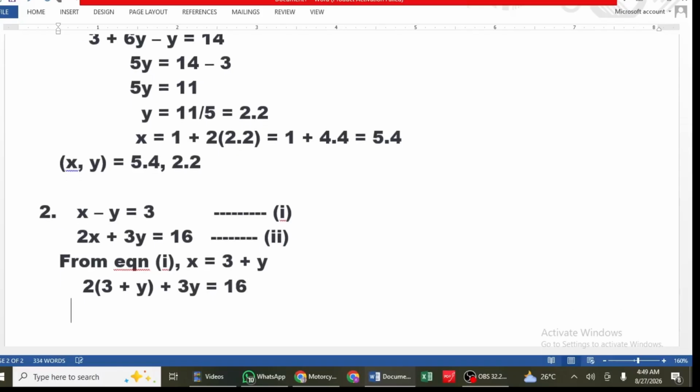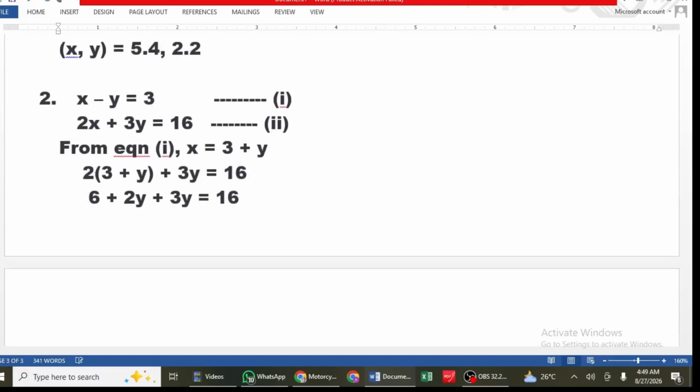From there, you open the bracket, 2 times 3, 6, plus 2 times y, 2y, plus 3y is equal to 16.